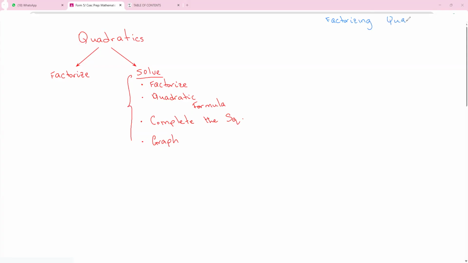When we factorize quadratics, what we need to understand first things first is that a quadratic is always in the form of ax squared plus bx plus c, where a is the number in front of x squared, b is the number in front of x, and c is the constant. It's not attached to any letter.